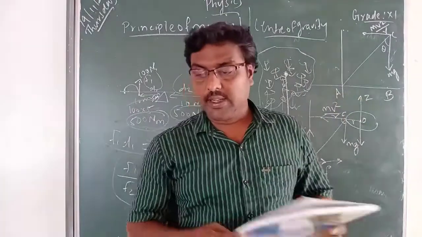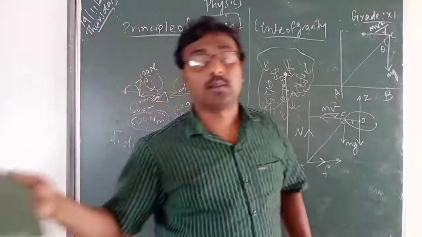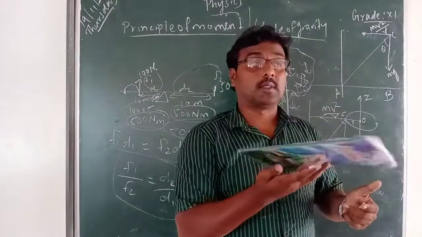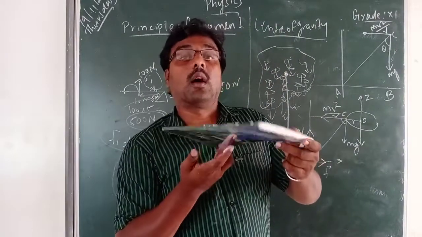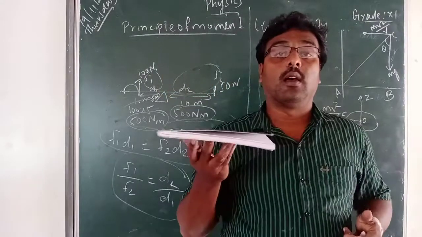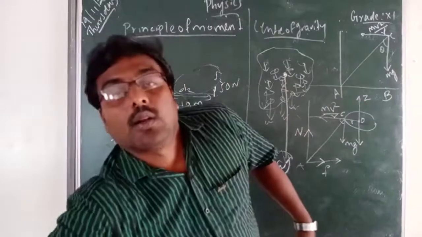And the second method is... this is what we are doing. Sometimes when you are playing this game in the classroom, kids will turn the book by balancing it on one finger. It is happening. It is due to what? The center of gravity.